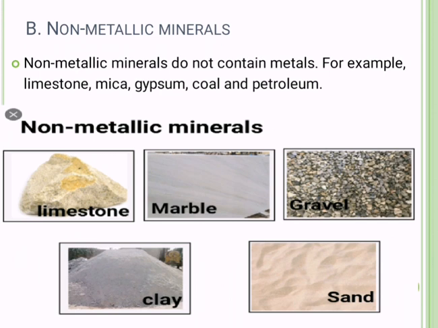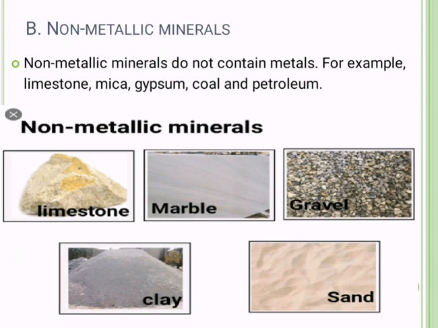The minerals are mainly classified into two: metallic mineral and non-metallic mineral. The minerals which contain any type of metal are called metallic minerals, and the minerals which do not contain metal are called non-metallic minerals.